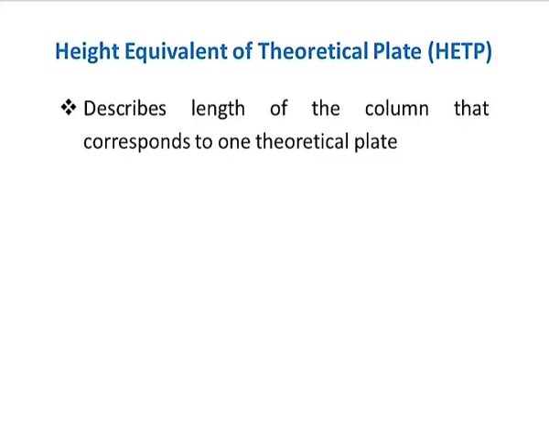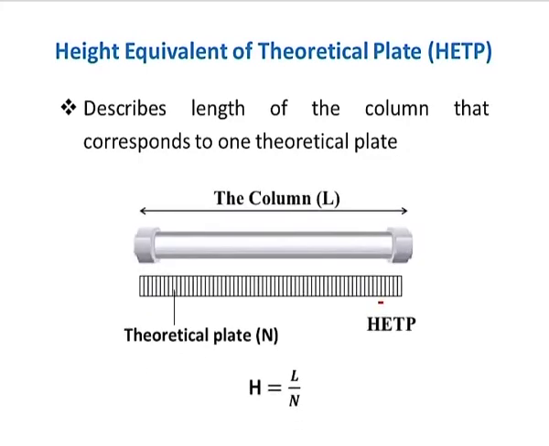Height equivalent of a theoretical plate describes the length of a column that corresponds to one theoretical plate. Now, this concept of theoretical plate we had understood in the previous lecture in great detail. The number of theoretical plates, given by n, I told you, is the smallest area in which equilibrium of a solute between a mobile phase and the stationary phase exists, right.